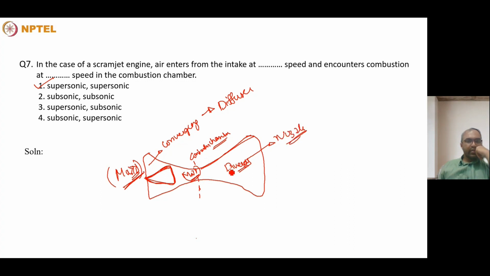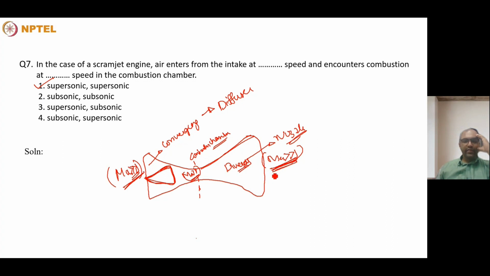So at the exit, it will be at a Mach number very much greater than 1. And this will ensure that the engine produces greater thrust power.